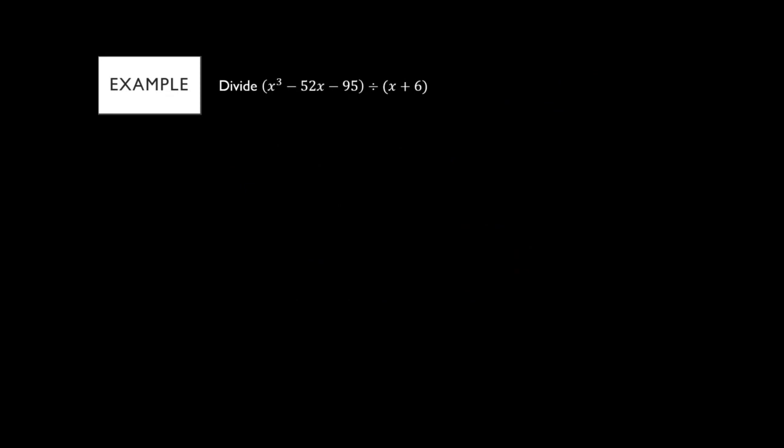Here's another one. We've got x cubed minus 52x minus 95, and we're dividing it by x plus 6. So I'm going to take the coefficients. Now x cubed, we don't have a number in front, so we're going to use 1. And then I don't have an x squared term, so I need to put in a 0. So you have to think about these things as you write it down.